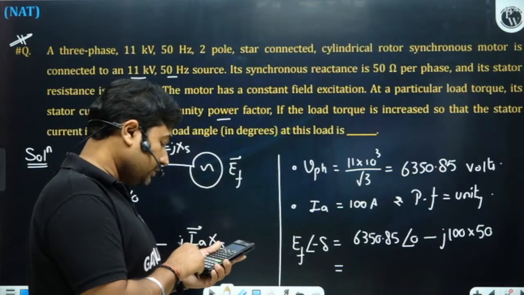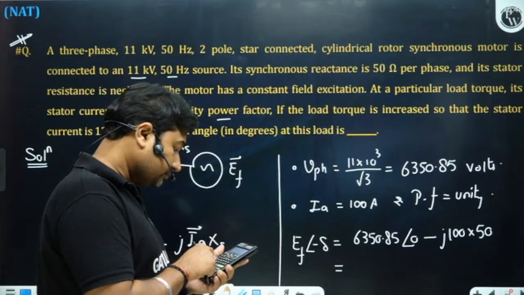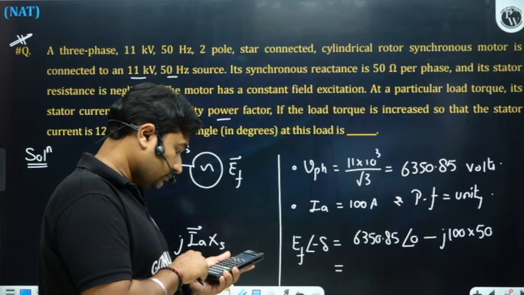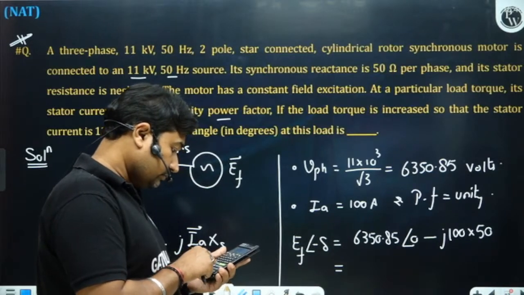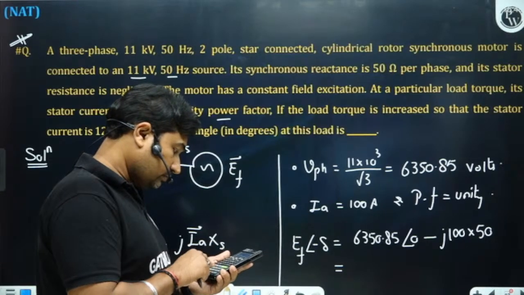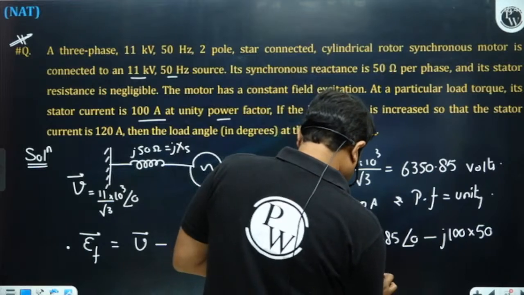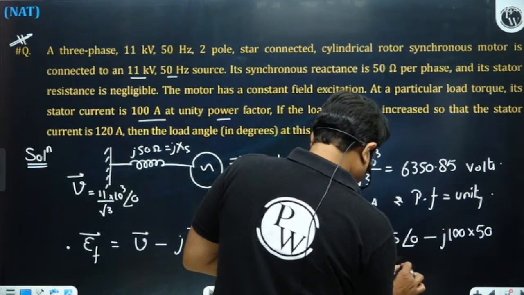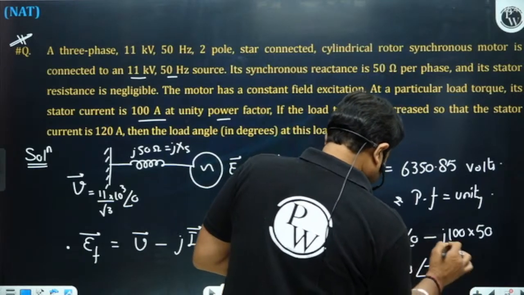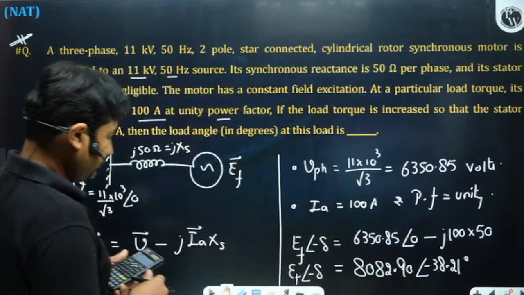So minus of 100 into 50j, that gives 8082.90 at an angle minus 38.21 degree. So we have EF at an angle minus delta. Is it okay?